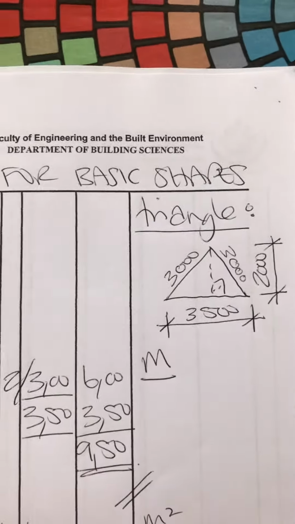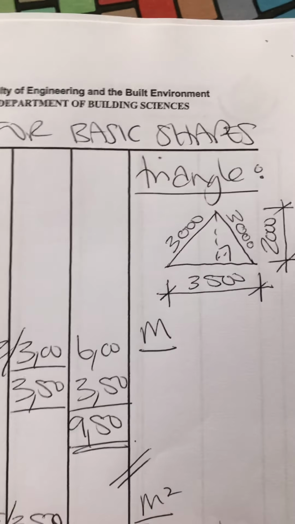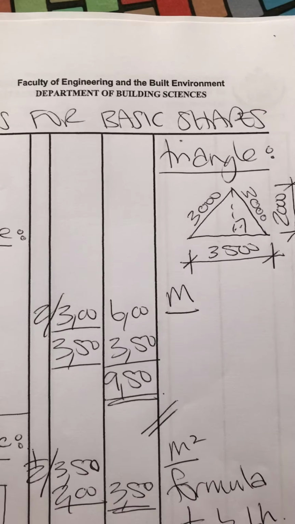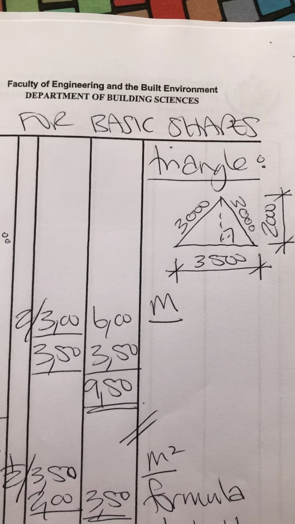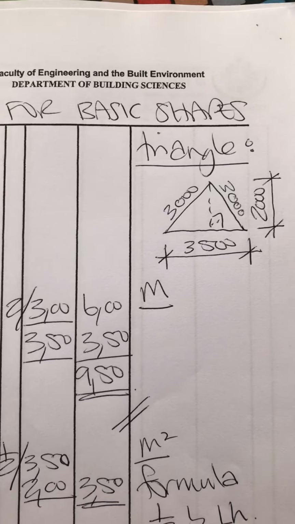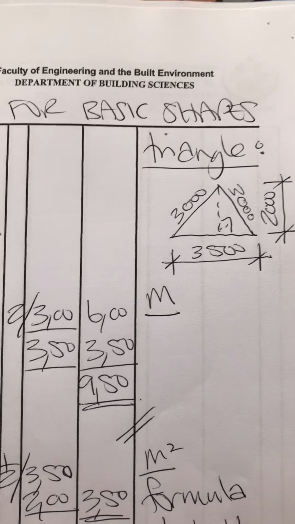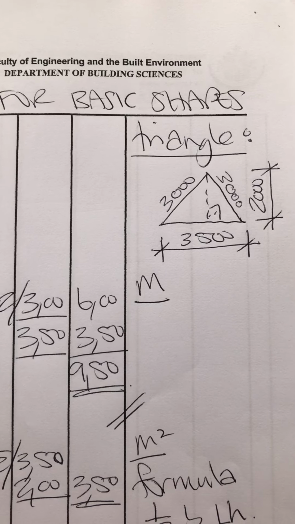Right, let's go to a triangle. Now it might happen that you will need Pythagoras to work out the triangle sides, or cos, sin and tan, but in this one I actually gave you all the lengths.